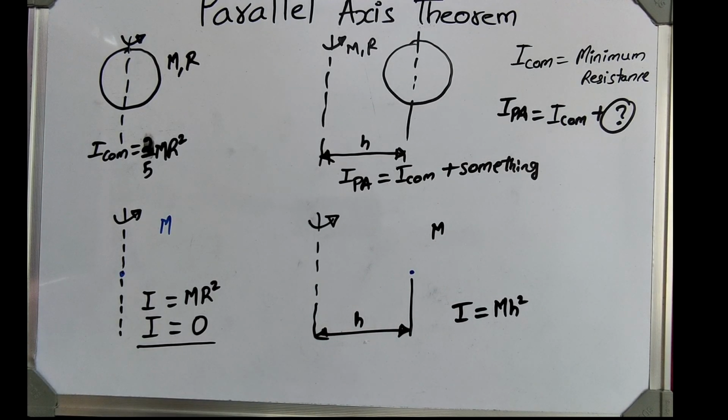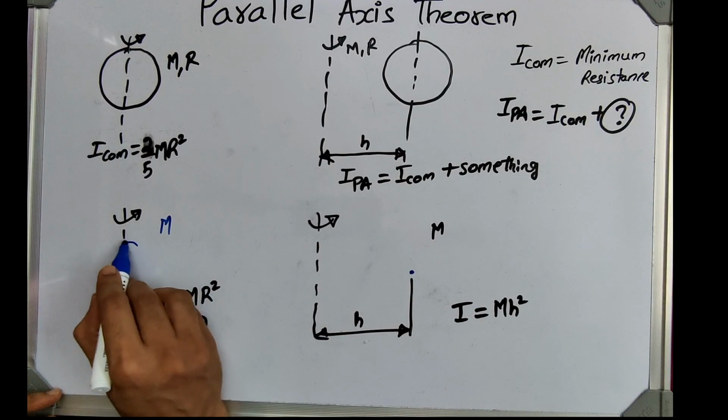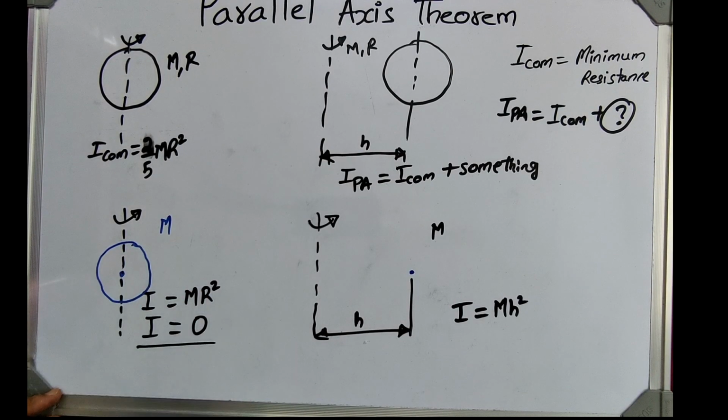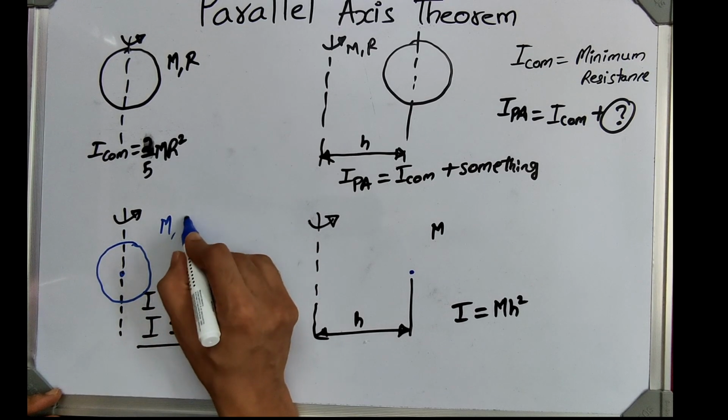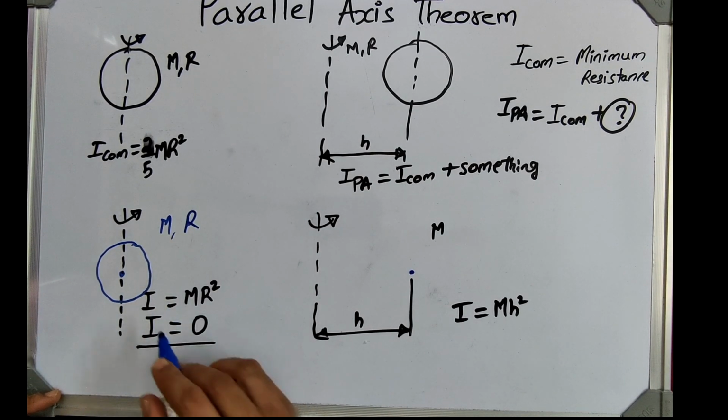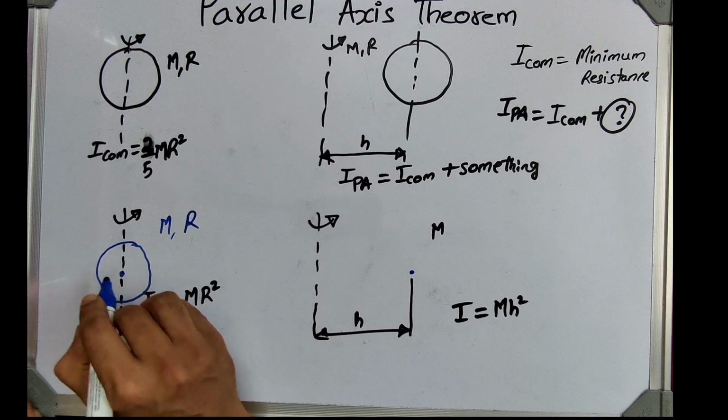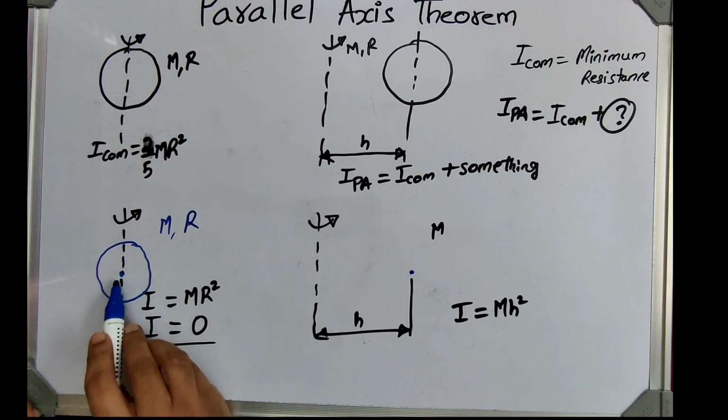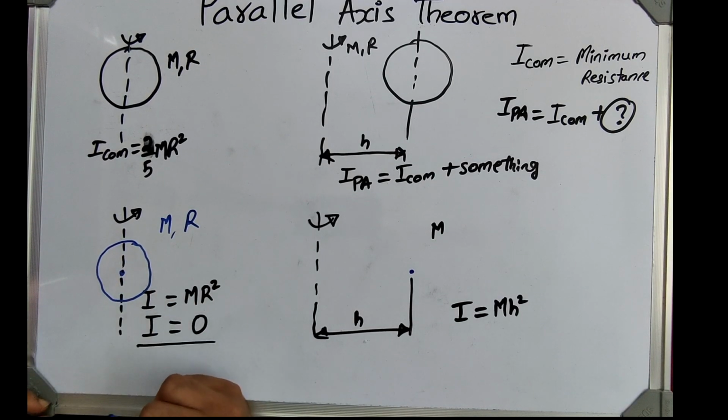Now comes some thinking to do. What if this particle mass explodes into a sphere? And what will be the radius of the sphere? Yes, you guessed it right, it will be r. So it became a solid sphere. It is not a particle mass anymore, and this point will be its center of mass, with mass m and radius r.